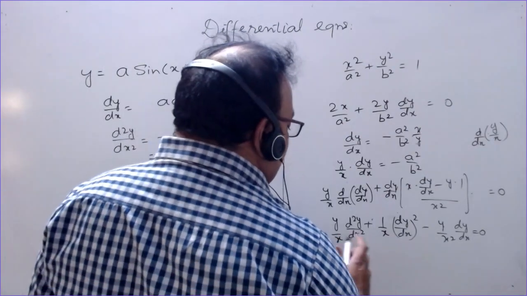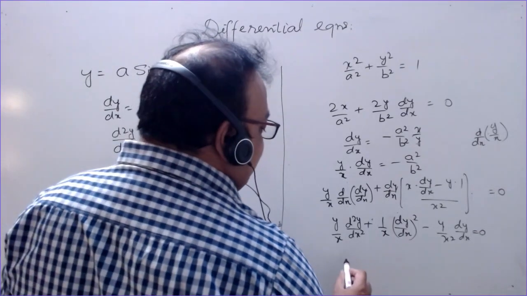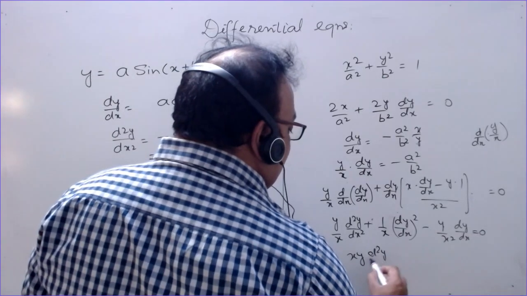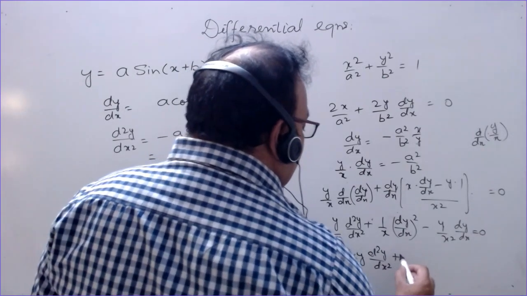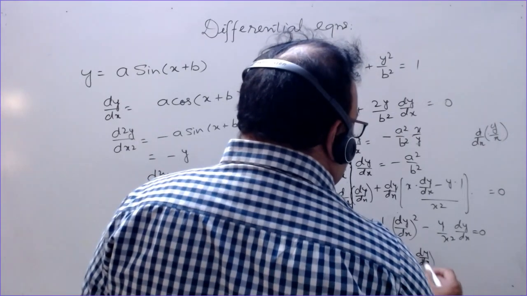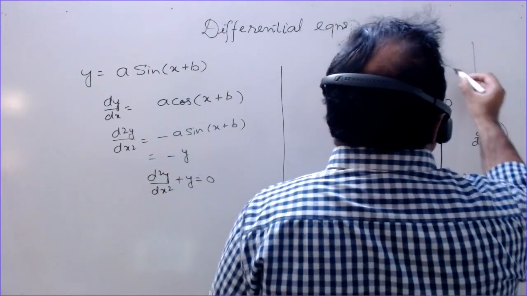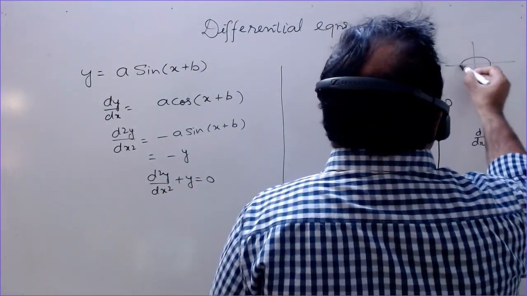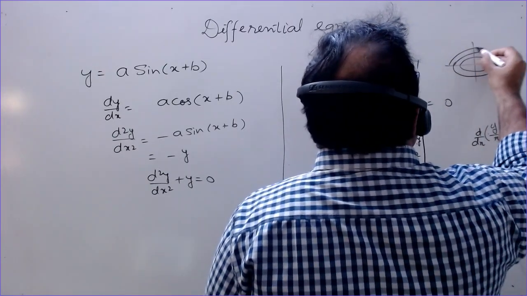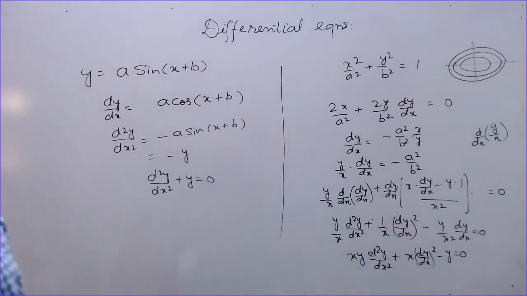Multiplying by x or taking the LCM, this equation becomes xy d2y by dx square plus x dy by dx whole square minus y dy by dx equal to 0. This represents the family of such ellipses, eccentric ellipses. This is how you can solve such an equation.